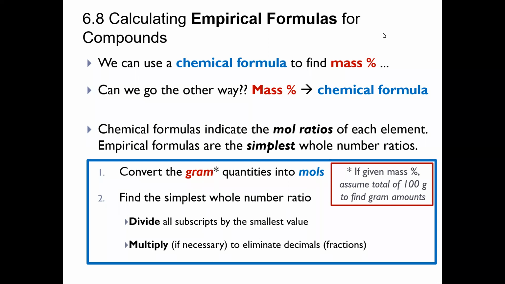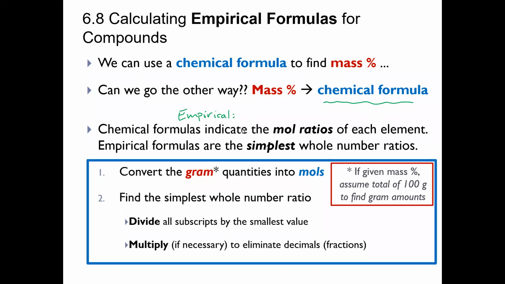We need to be able to look at the relative composition of our compound and figure out what the chemical formula is. Our strategy is based on the information that is provided in our chemical formula. Our empirical formula is going to tell us the simplest whole number ratio for the elements in our compound.